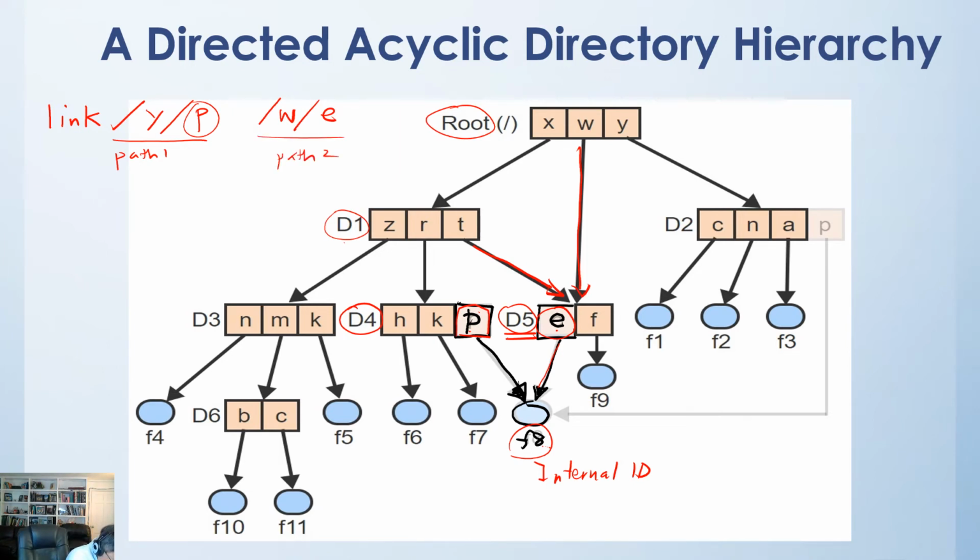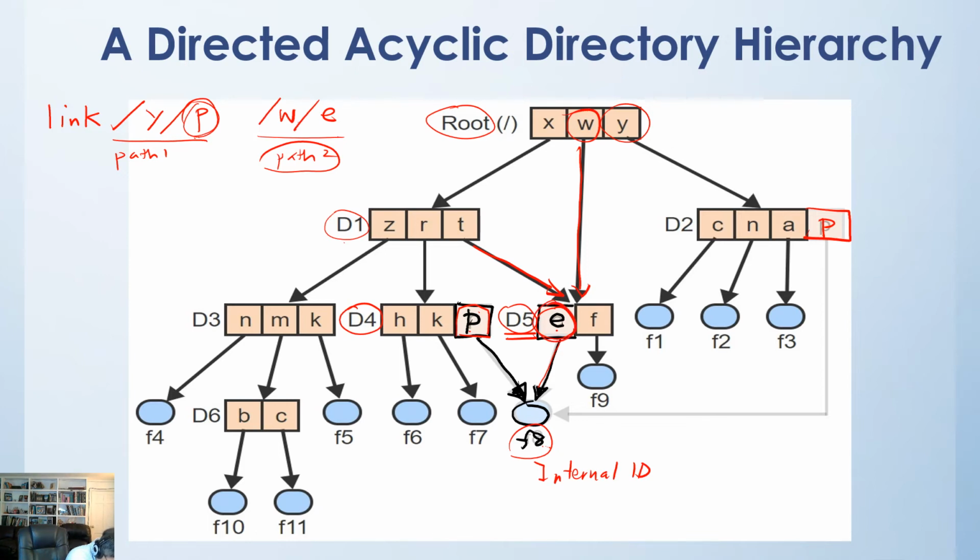Path 1 is y, and then you're going to create a new name called p under directory y, and that directory also is pointing to the same file the path 2 points to. What is path 2? Path 2 is w and e.